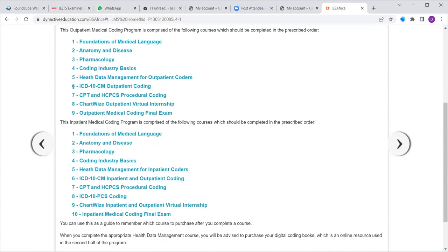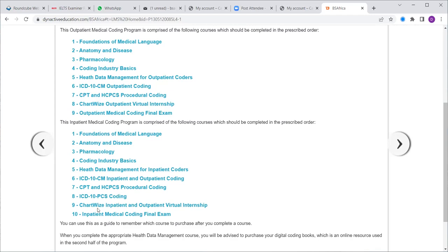In outpatient, it's just ICD-10 outpatient coding, but here it's ICD-10 inpatient and outpatient coding. You do the same CPT and HCPCS, and you do one extra course that you only find in the inpatient coding course, which is ICD-10 PCS coding.